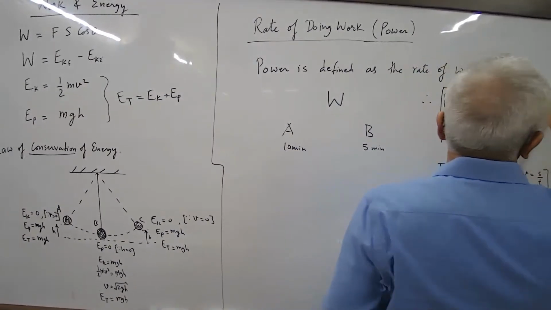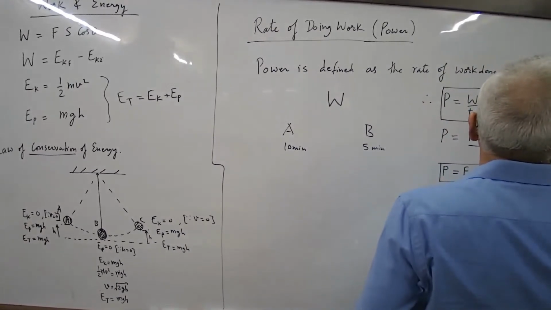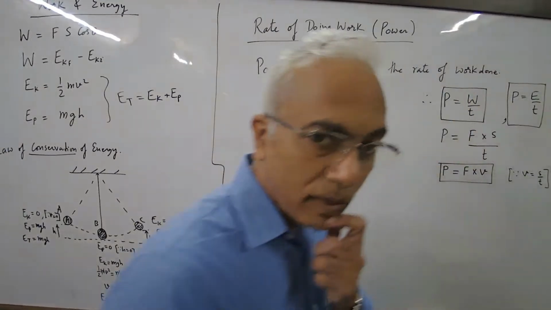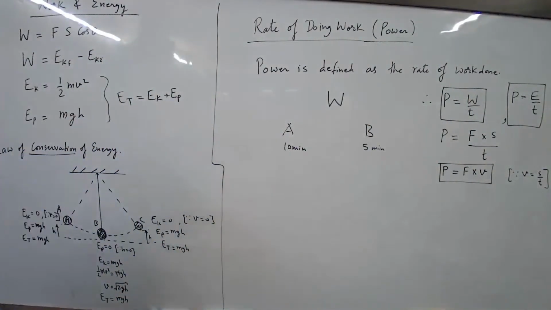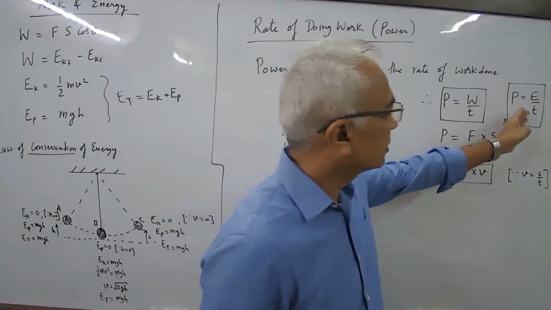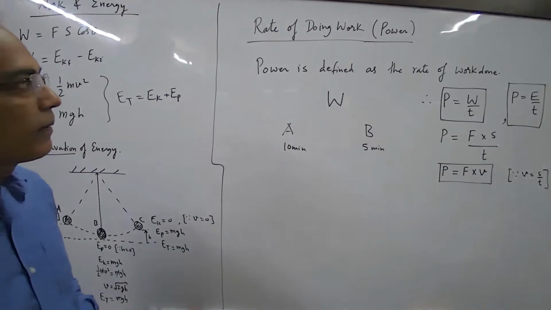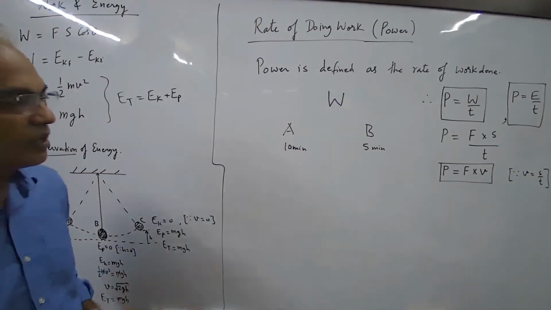So power can also be written as E by T, since W is same as E. Work and energy are interrelated. Both units are joule. So we can write power as energy upon time. So is it clear? This is what is power.